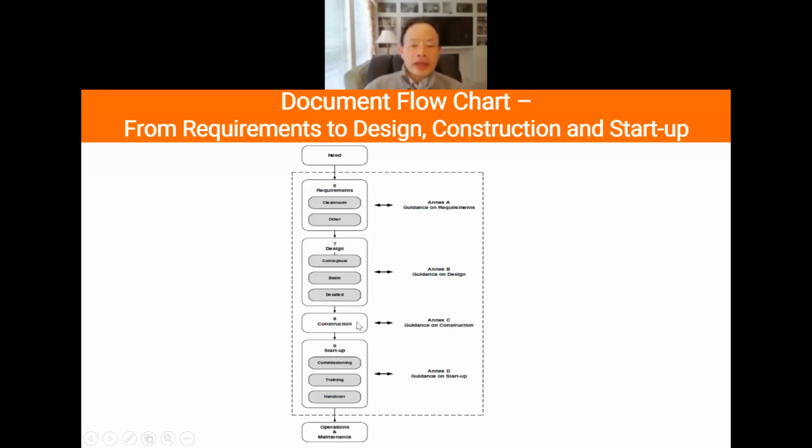Chapter 8 is for construction, and Annex C supports that. And Chapter 9 is startup, including commissioning, training, and handover, where Annex D provides additional information.